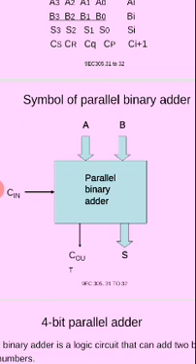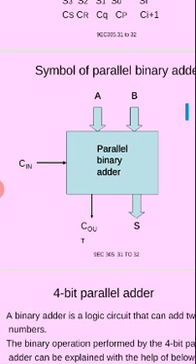Two inputs A, B, outputs sum, carry out, and C in. It means there are three inputs A, B, C in and two outputs sum and carry out.